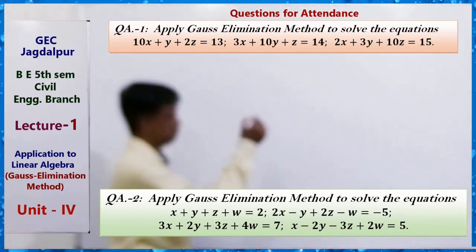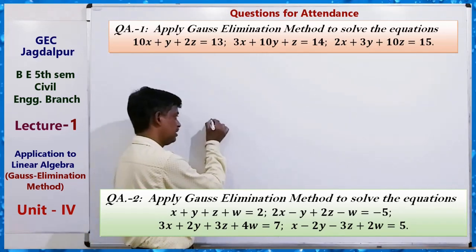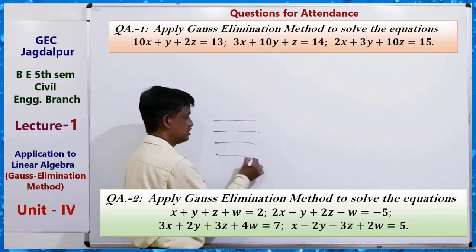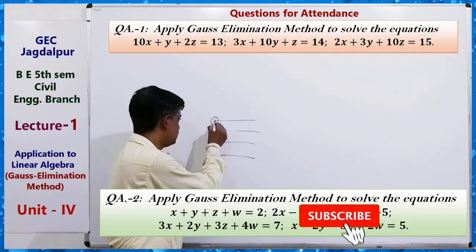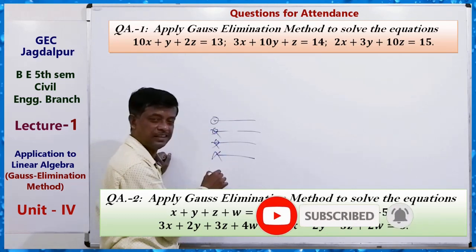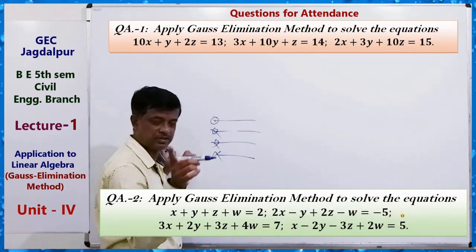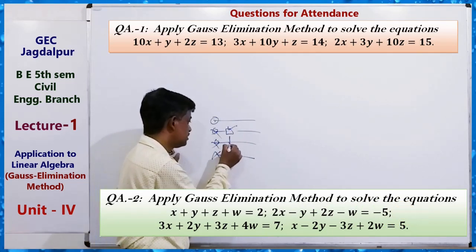You can also use a matrix, but these are our equations. First decide the pivotal element, and then by using this, you have to eliminate this. Then for the Gauss elimination method, the second pivotal element is this. By using this, eliminate.